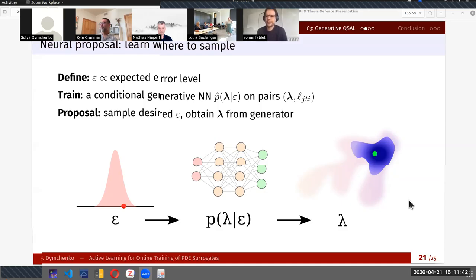In this case you could even remove the mixture with a uniform and do it fully through this epsilon value, using just this signal of the hardness, and you acquire the distribution over which lambda correspond to them. And you're also getting a distribution, which is already nice.